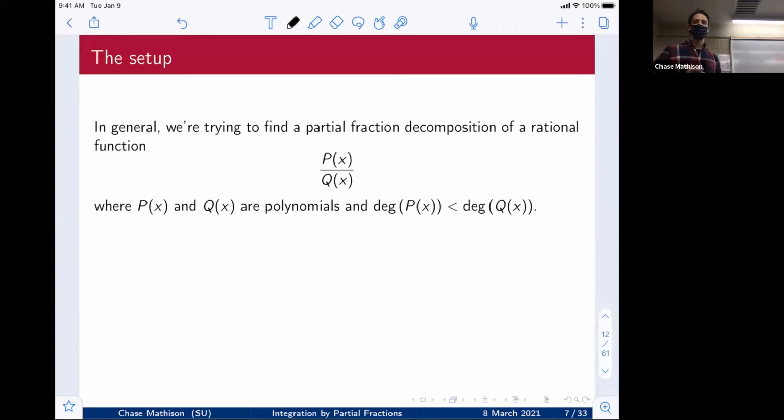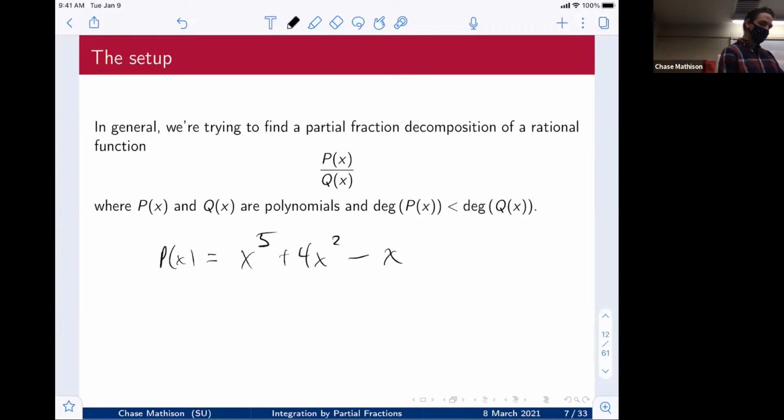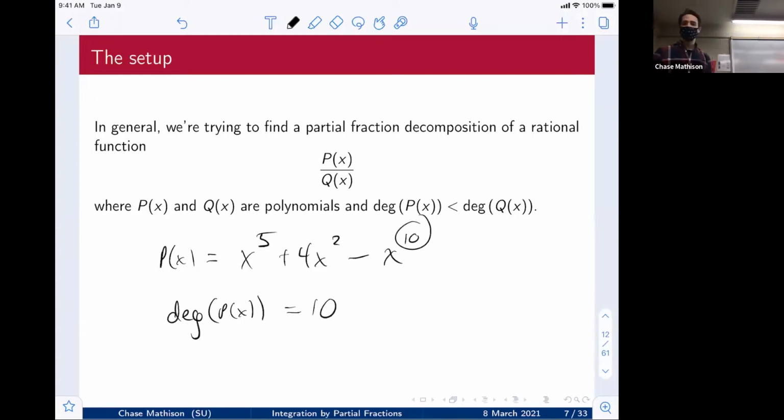Does anyone not remember what the degree of a polynomial is? In case anyone is scared to say they don't remember, if I have a polynomial p of x like x to the 5th plus 4x squared minus x to the 10th, the degree of p of x is 10. It's the biggest exponent that you see in a polynomial.